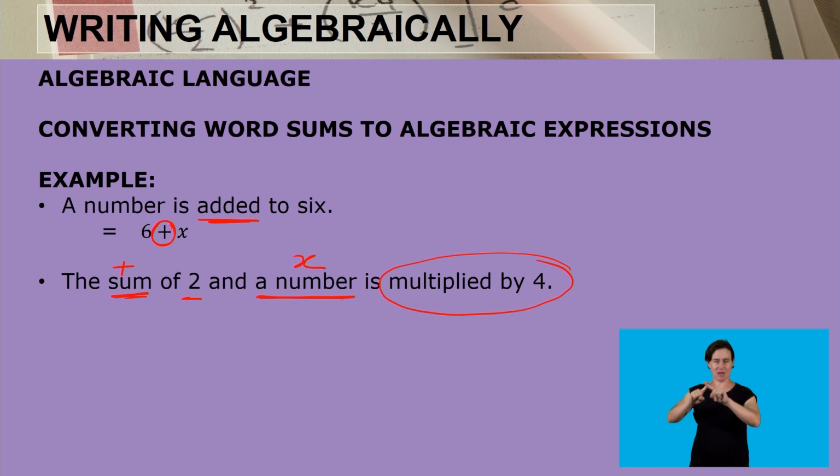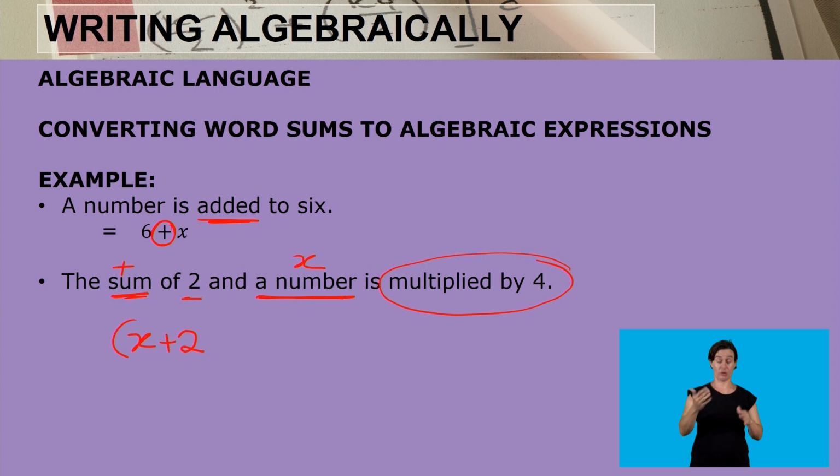So what is that algebraic expression going to look like? Well, we are going to add 2 and this number. So you can say x plus 2, or you can say 2 plus x. Remember, addition is commutative. So that means that the result of x plus 2 and 2 plus x will be exactly the same.